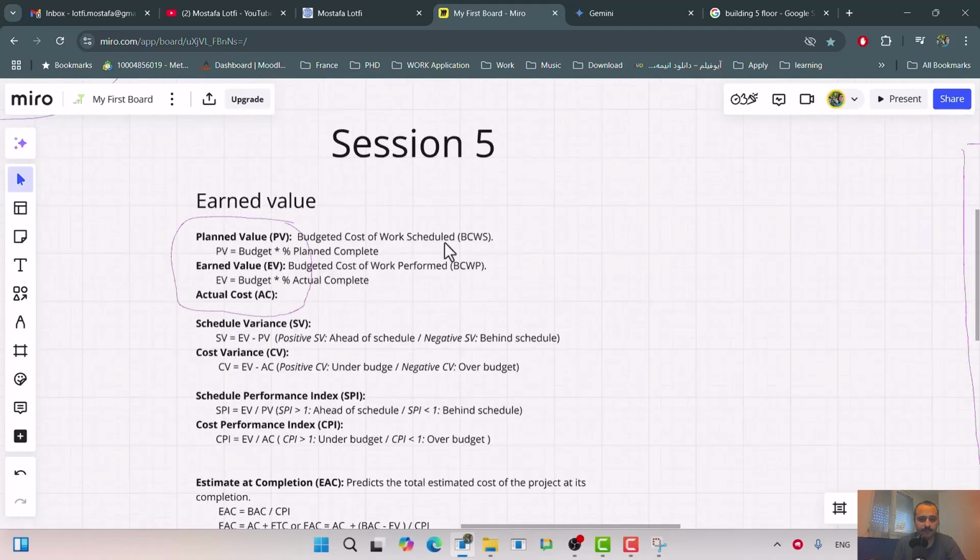Budget cost of work scheduled, BCWS, and planned value, it's equal to budget multiplied by the percent complete.